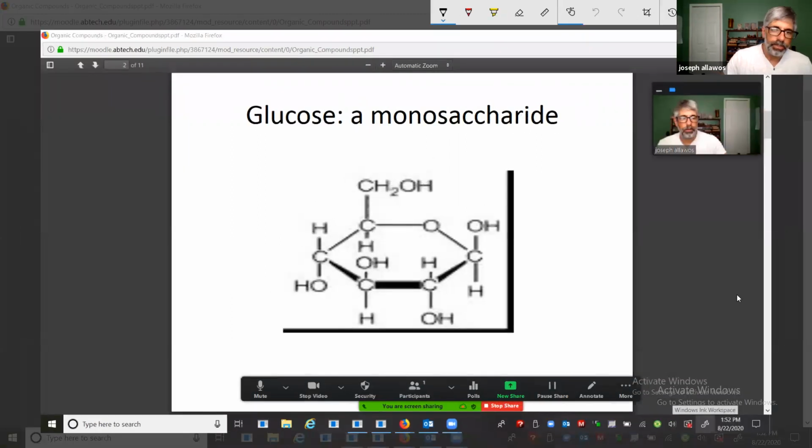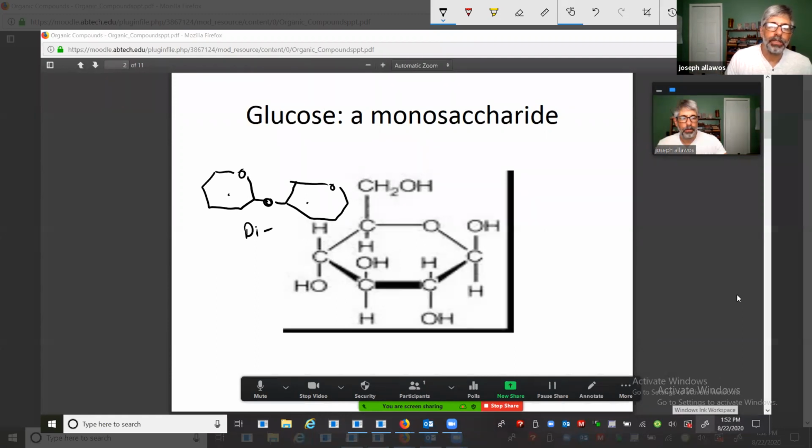So if we take these glucose rings and we stick two of them together like this, there's an oxygen that holds them together. Then we have a disaccharide because there's two sugars.